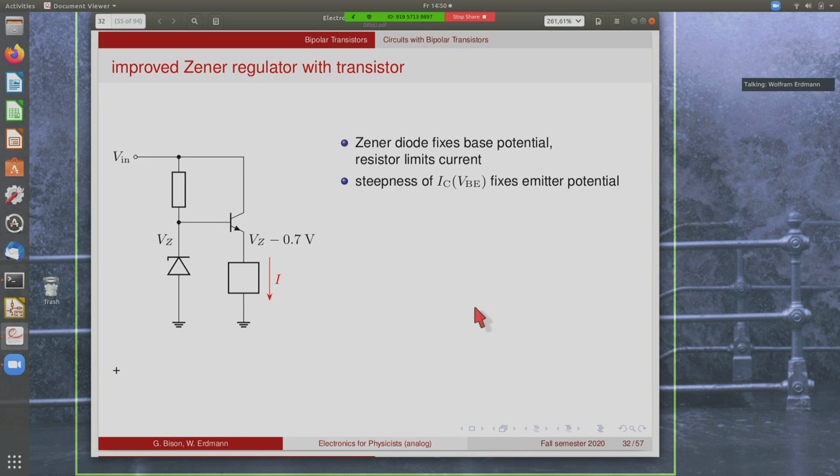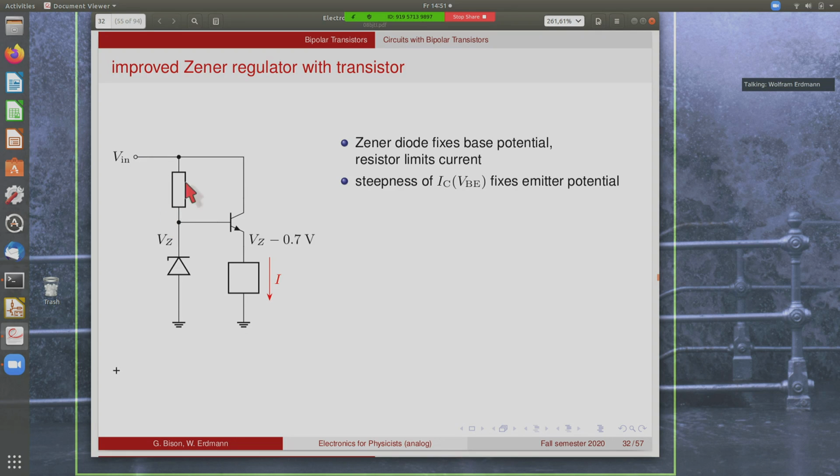And a simple way to use it is, for instance, shown here. Maybe remember last week we used the Zener diode to create a constant voltage for a load. Now here's the improved version, where we don't use the output of this circuit, the resistor plus the Zener voltage, to drive the load directly, but instead we drive a transistor base and then hook the load to the emitter of the transistor.